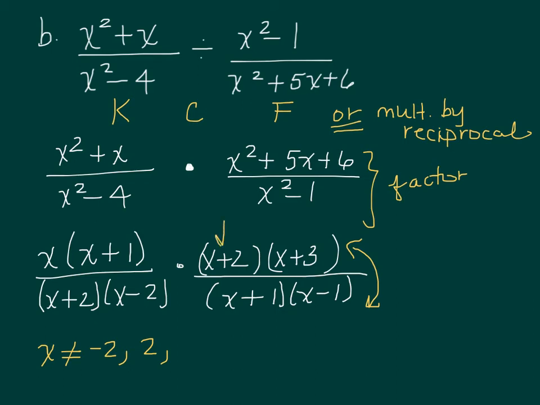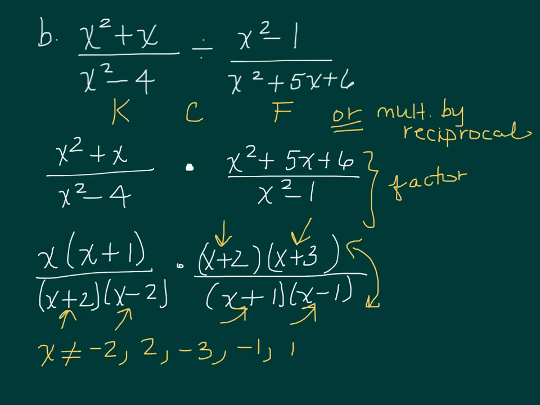This one will be -2, but I already have it. This one will be -3. We'll make it 0. Remember, restrictions mean values that would make your denominator 0. Here, that's a -1. This will be +1. So basically what you're doing is you're trying to find out what values of x will make your denominator 0. Those are what you have to restrict from your domain.